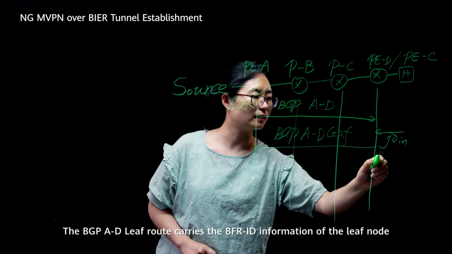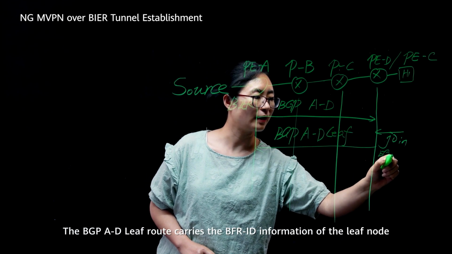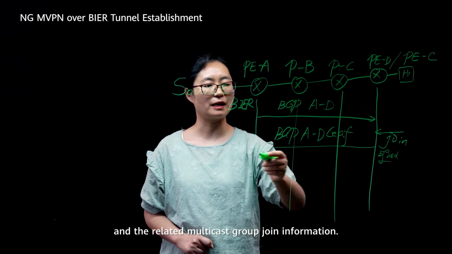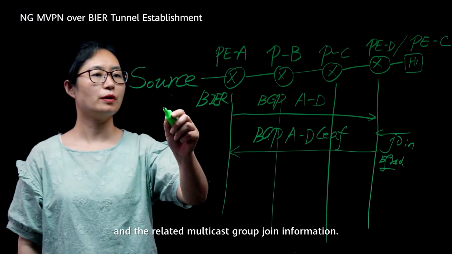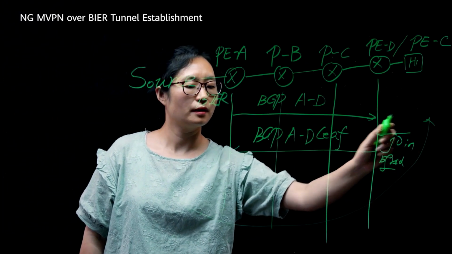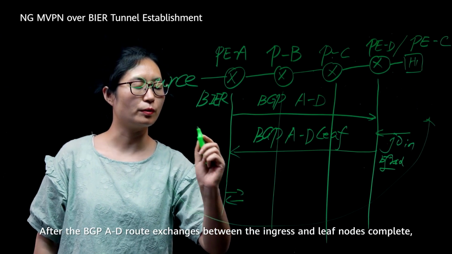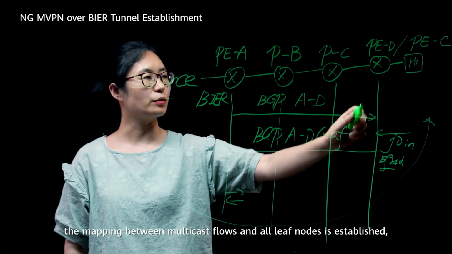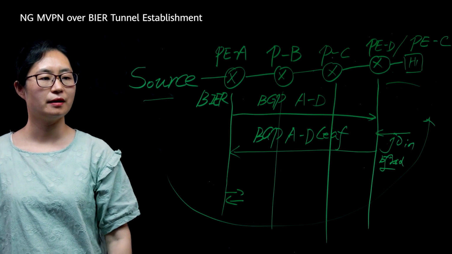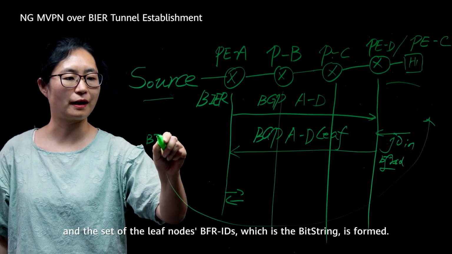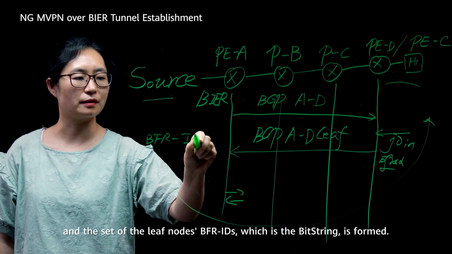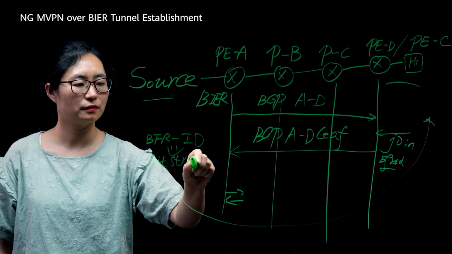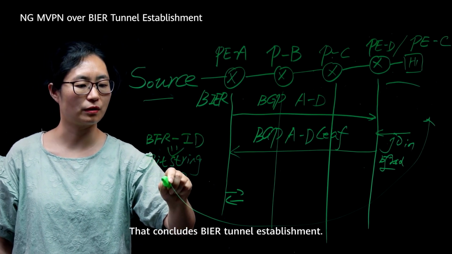The BGP AD leaf route carries the BFR ID information of the leaf node and the related multicast group join information. After the BGP AD route exchanges between the ingress and leaf nodes complete, the mapping between multicast flows and all leaf nodes is established, and the set of the leaf nodes' BFR IDs, which is the bit string, is formed. That concludes BIER tunnel establishment.